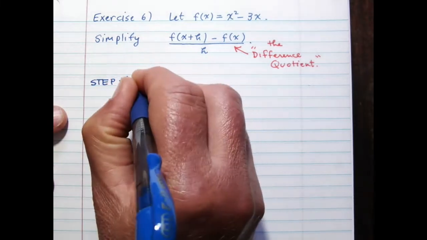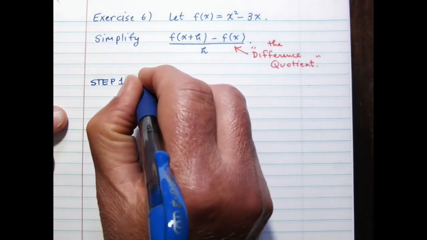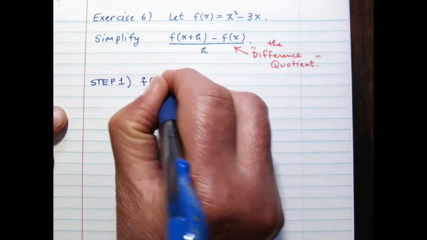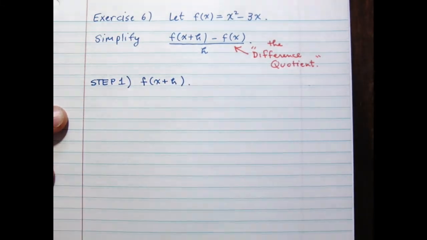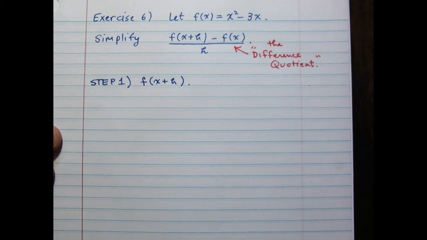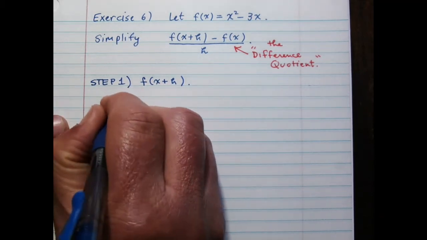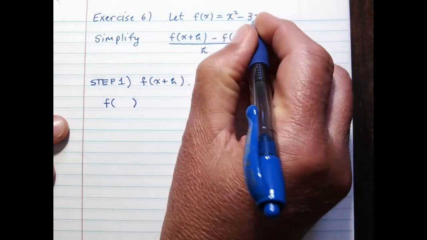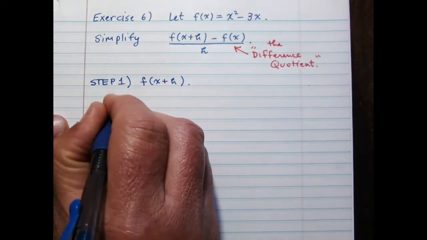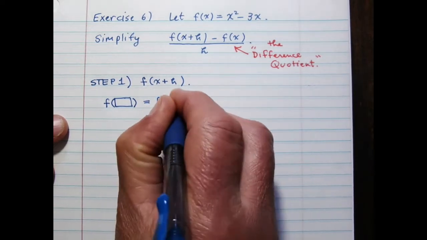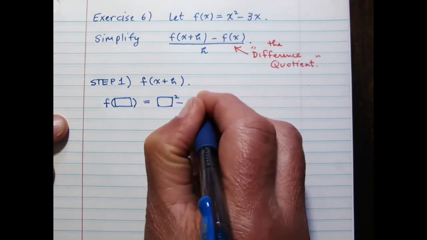In step 1, we're just first going to figure out f of x plus h only. Now our function here is f of x equals x squared minus 3x. I'm just going to write my funny box notation. F of box is box squared minus 3 times box.